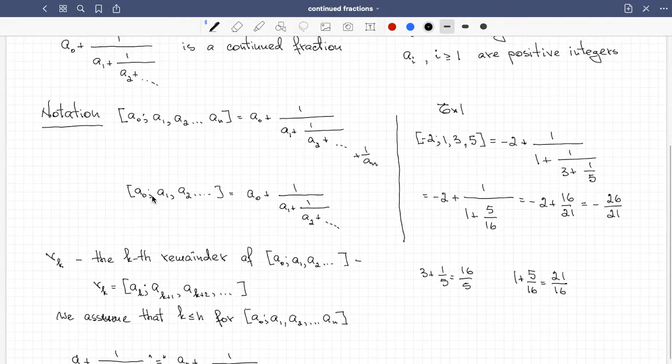Let's look again at this example here. We see, and that is not a surprise at all, that a finite continued fraction can be calculated, at least in this case, and actually it is clear that in every case, a finite expression like that can be calculated, and what we produce is a rational number.